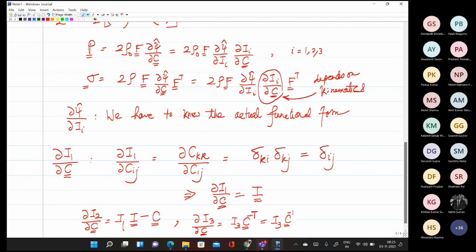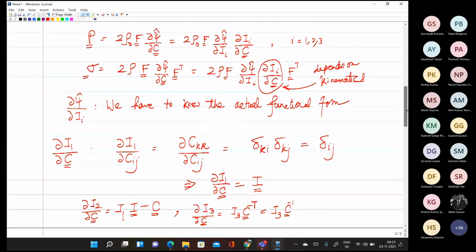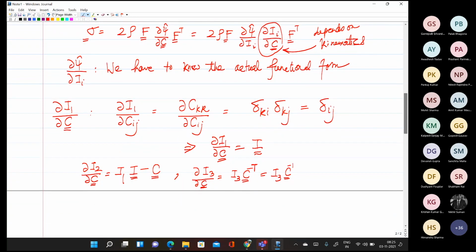Okay, once we have found them, we can then plug it back in the formula for sigma, for example. Let us see what we get. So that means sigma is then 2 rho times big F into del psi by del I1.